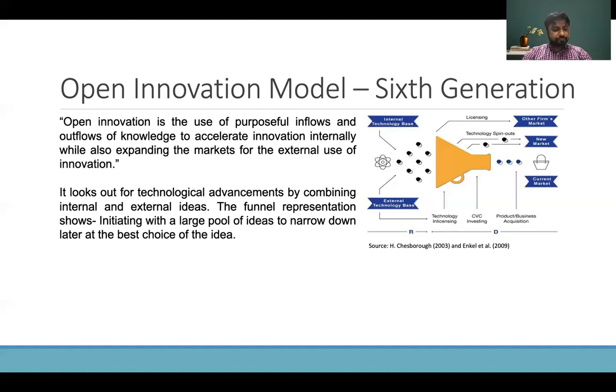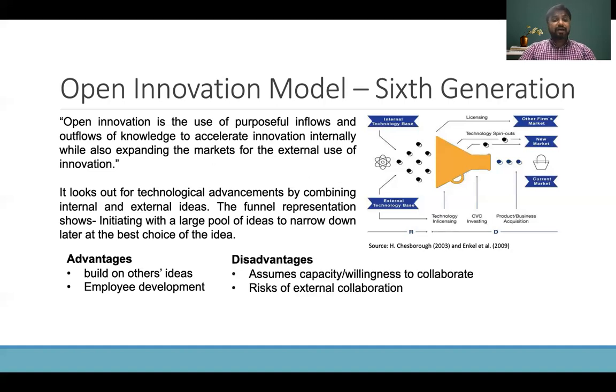The key advantage is that the company can build on others' ideas, and also you can develop your employees. But at the same time, it can be a disadvantage, because the model assumes that your employees have been developed so that they have the capacity and willingness to collaborate.